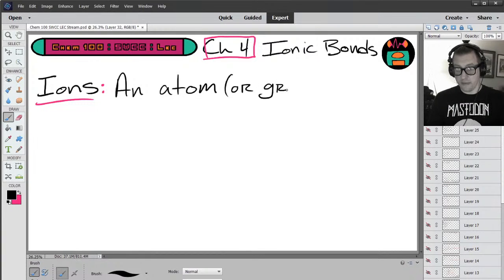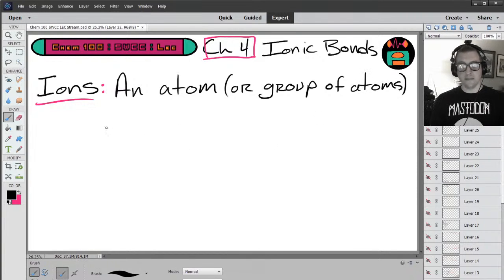We'll get to those in a bit. An atom or group of atoms that have a net charge.